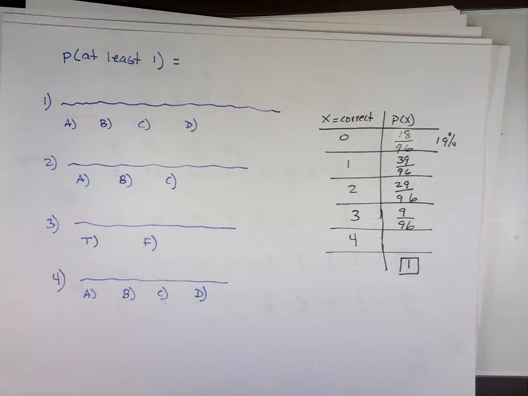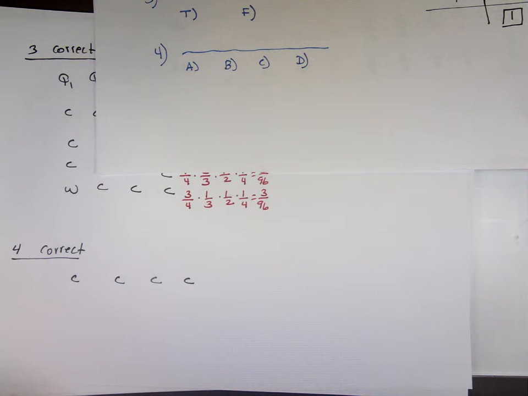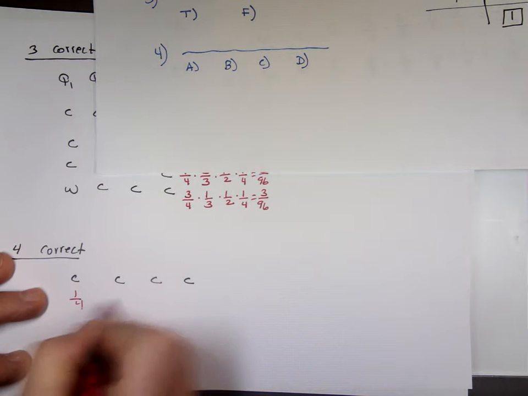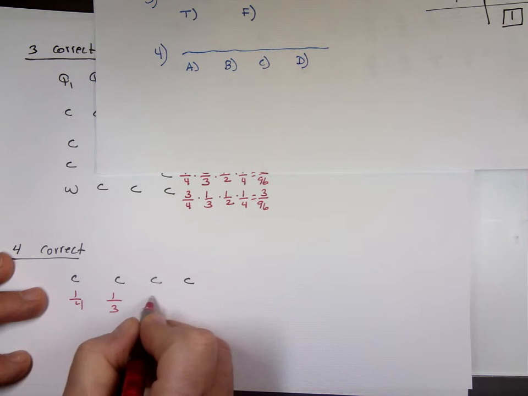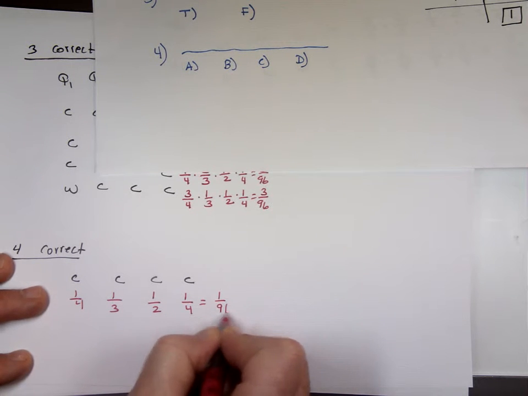Now the last one, 4 correct. For the first one, correct is what? 1 out of 4? The second one, yep, 1 out of 3. This is 1 out of 2. 1 out of 4. 1 out of 96, which is 1%.